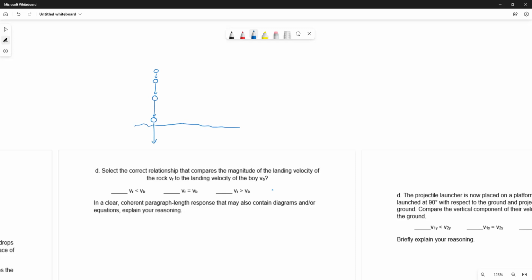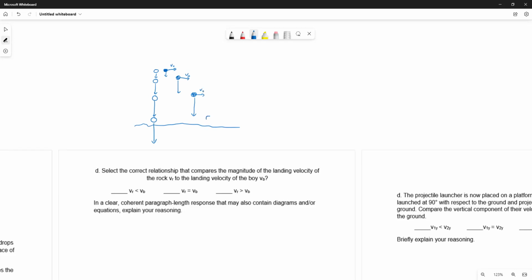The boy, on the other hand, so I'm going to draw this boy as a solid shaded circle, has an initial velocity in the x direction, but it's also going to be speeding up towards the water because of gravity, right? And so his position is moving sideways, but it's also accelerating at the same rate that the rock is in the vertical direction.